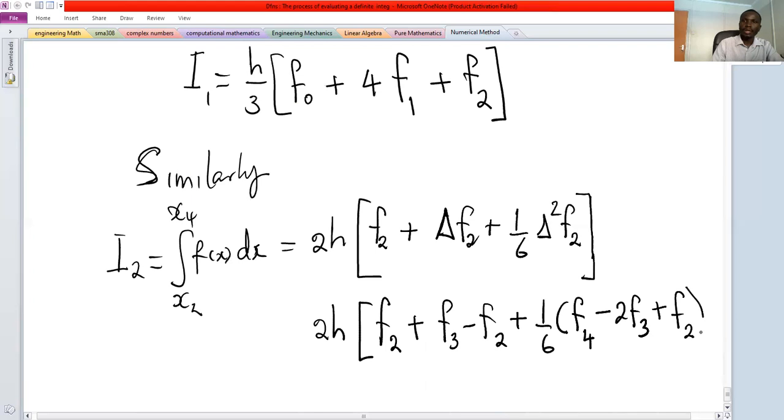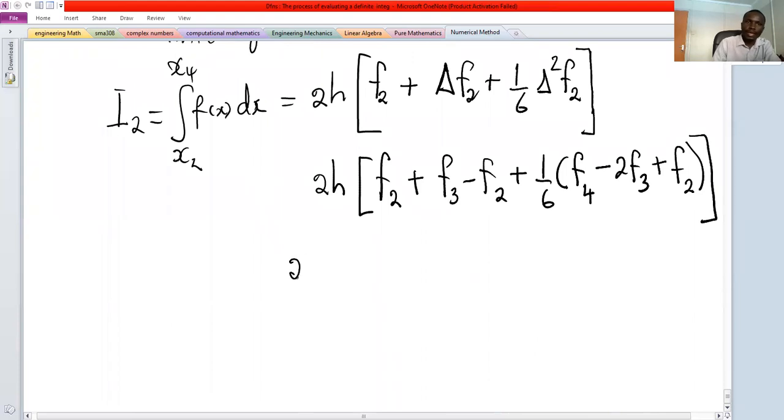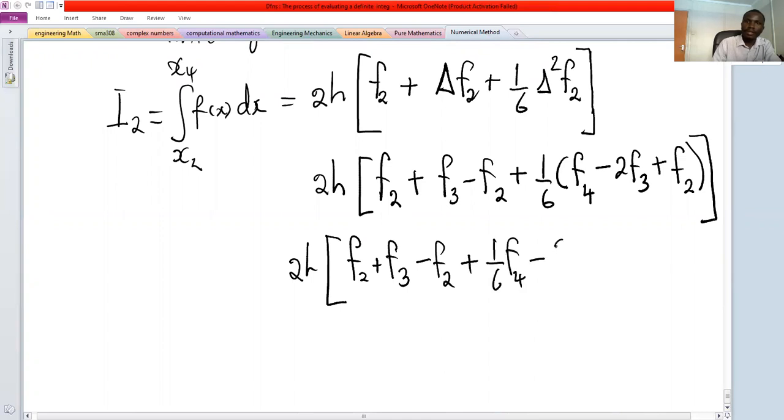Please work out that multiplication, which will give us 2h into f2 plus f3 minus f2 plus 1 over 6 f4 minus 2 over 6 f3 plus 1 over 6 f2.